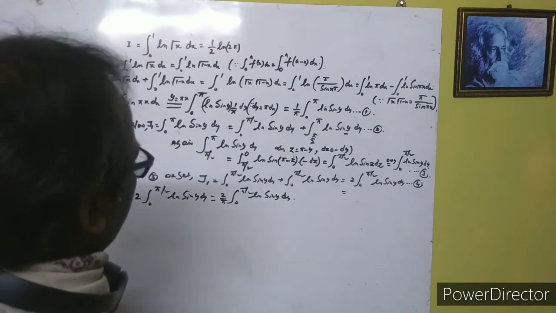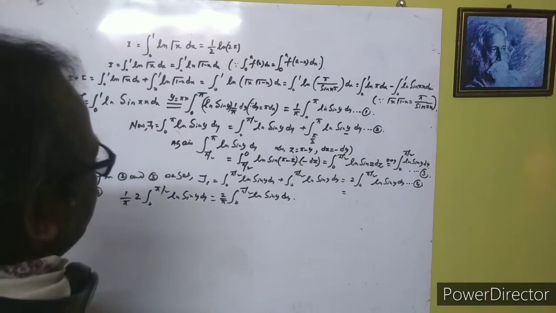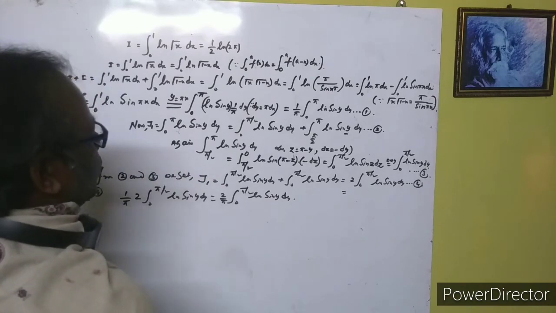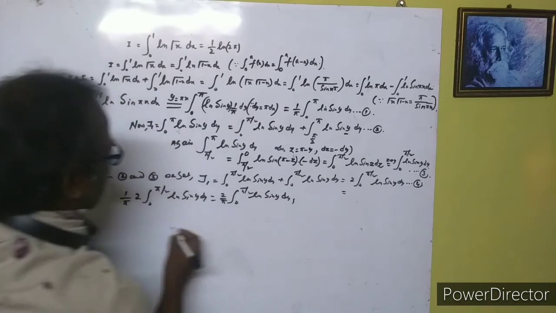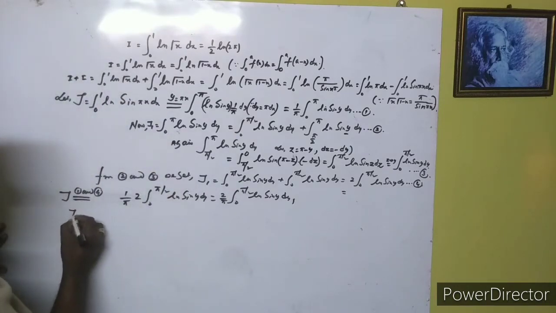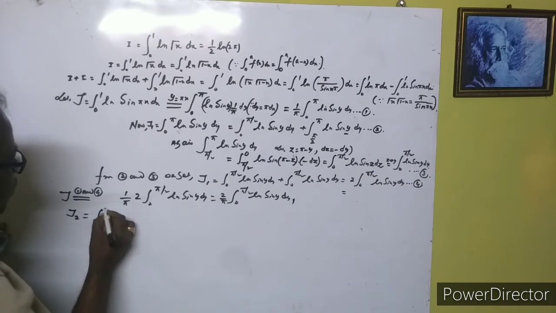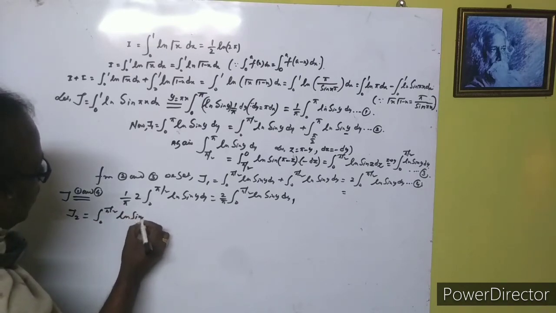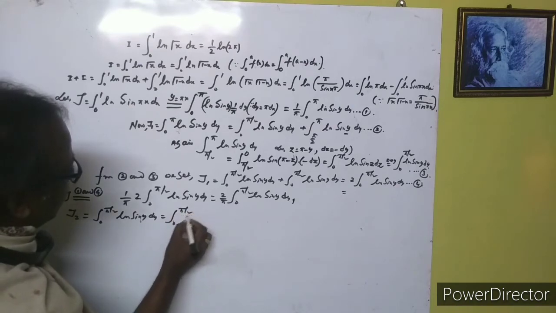Now we want to find the value of that. See here, this is j2, integral 0 to pi by 2 ln sin y dy.